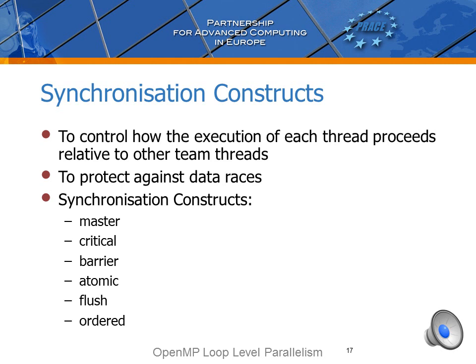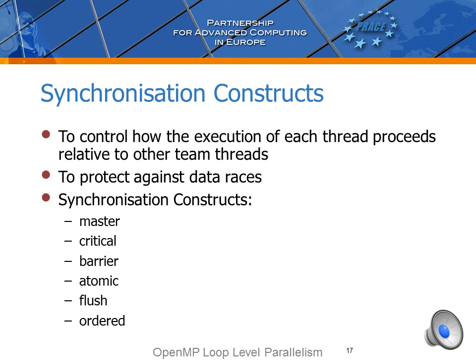OpenMP provides a variety of synchronization constructs that control how the execution of each thread proceeds relative to other team threads. The role of synchronization is important in OpenMP in terms of memory usage. It is used to avoid data race conditions.